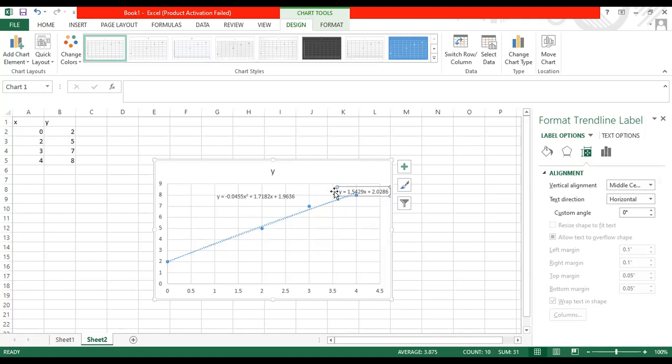But you can see by the coefficient of the x squared that it is a very gentle sloping curve. X squared is minus 0.04, so it's going to be a very gentle curve.